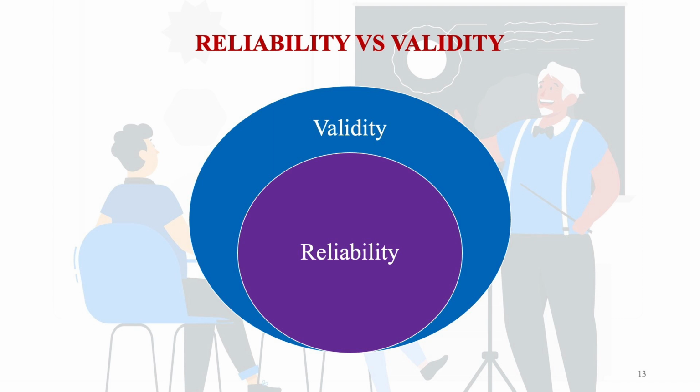So friends, based on these two definitions, if I correlate these two features of a good test, reliability and validity, I can say that validity includes reliability. That means reliability is included in validity. If you establish the validity of a tool, then you can say that the tool definitely has the quality of reliability. But by only establishing the reliability of a tool, you cannot say that the tool will be a valid tool.